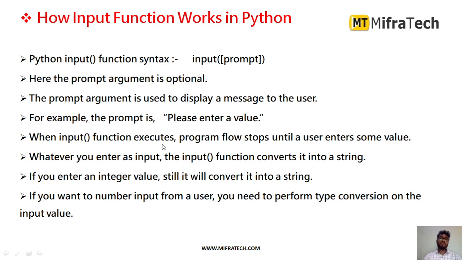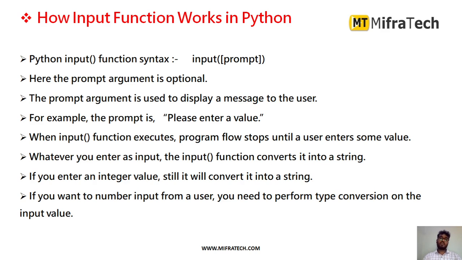When the input function executes, in the background the program flow stops until the user enters a value from the keyboard. It keeps waiting, and only when he enters a value will it continue. Whatever he enters, the input function converts everything into a string in Python.